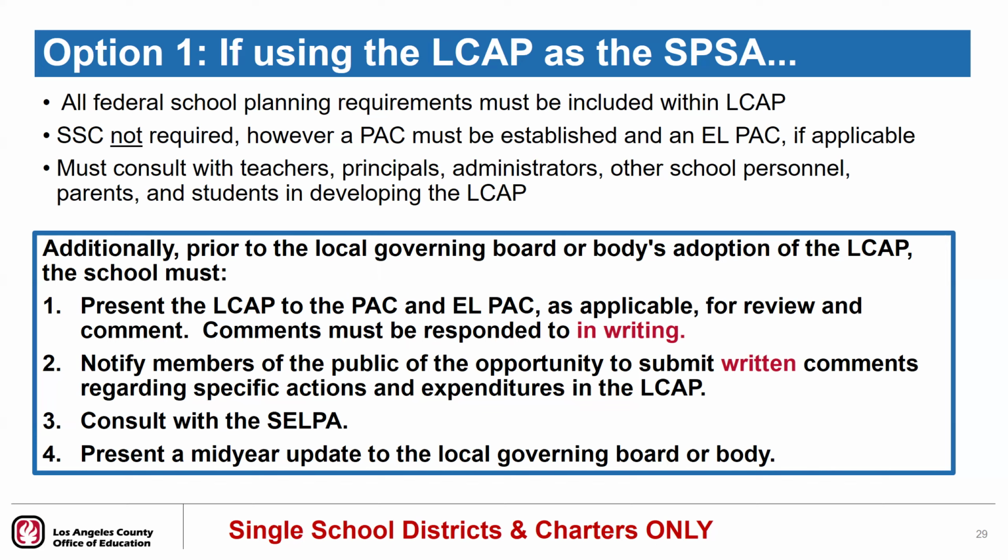And again, a response would need to be provided in writing to the committee's comments. You would be required to notify the public of the opportunity to submit written comments regarding proposed actions and expenditures in the LCAP. And you would also need to consult with your Special Education Local Plan Area Administrator, or SELPA, in the development of the plan.